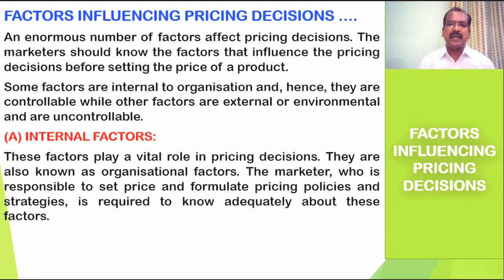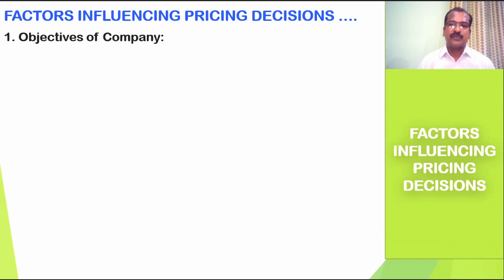These factors play a vital role in pricing decisions. They are also known as organizational factors. The marketer who is responsible to set price and formulate pricing policies and strategies is required to know adequately about these factors. The first internal factor which influences the pricing decisions of a marketer is the objectives of the company.